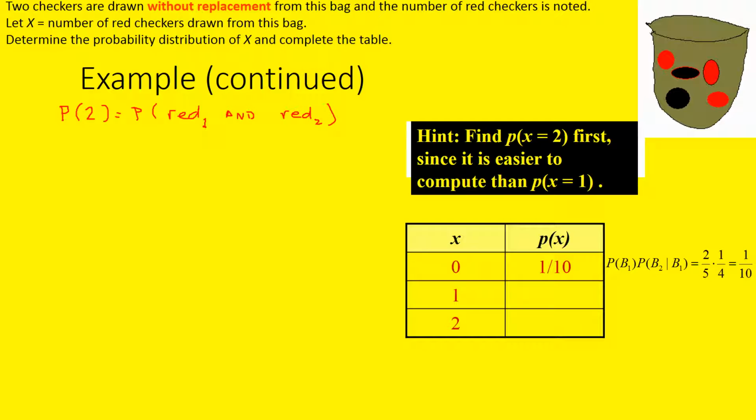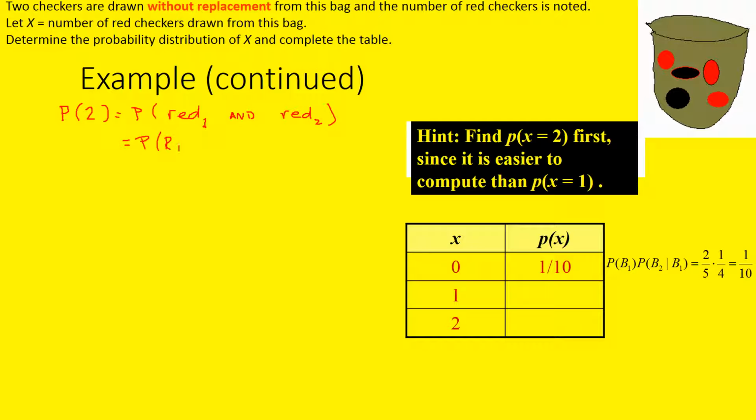Well, because of this and, we are going to multiply probabilities because of the and.